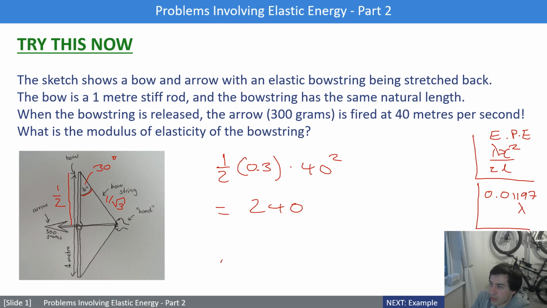So finally, we have lambda must be equal to 240 divided by 0.01197, and the answer then is a pretty big number. I'm going to round quite a bit, it's roughly 20,000.